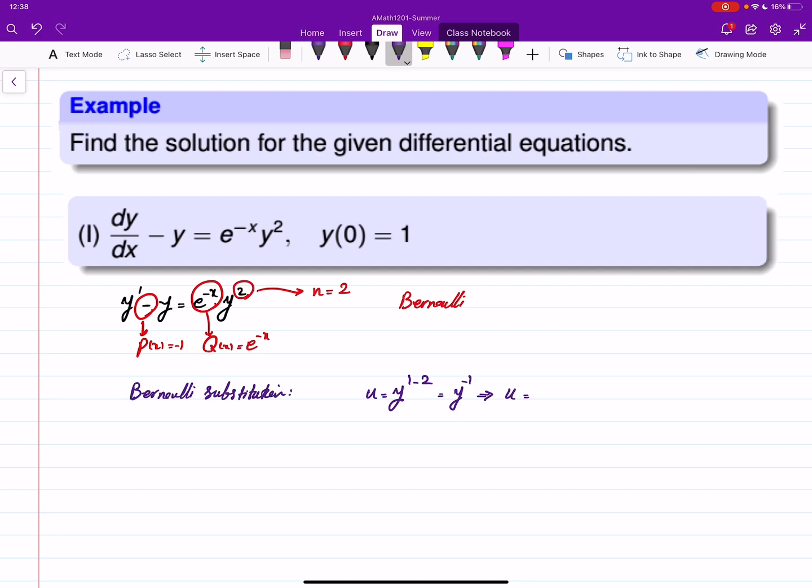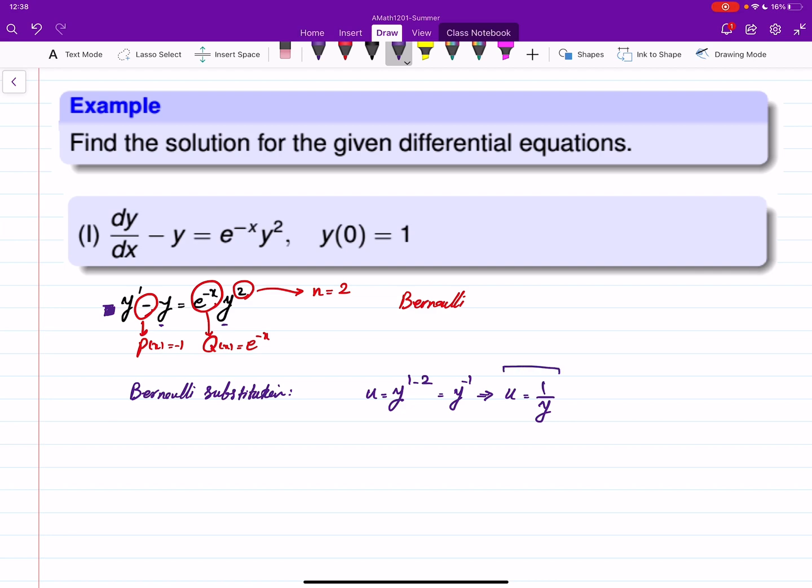In other words, u is equal to 1 over y. Now I want to rewrite this equation as an equation for u. I know how to change y to u based on this recipe.